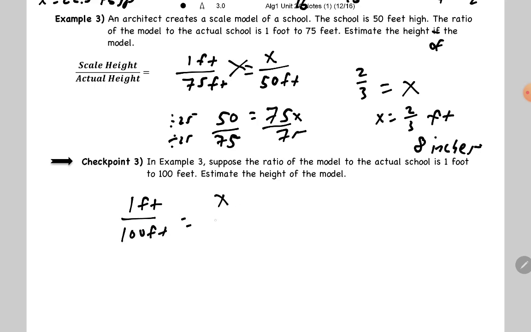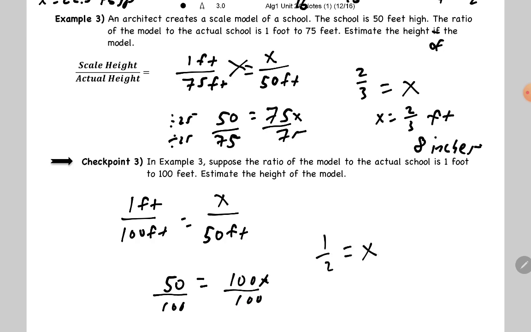And then we still have our x, that's the model now, and this is 50 feet. So 50 equals 100x. If I divide by 100, x would be half a foot. So 0.5 feet, 6 inches.